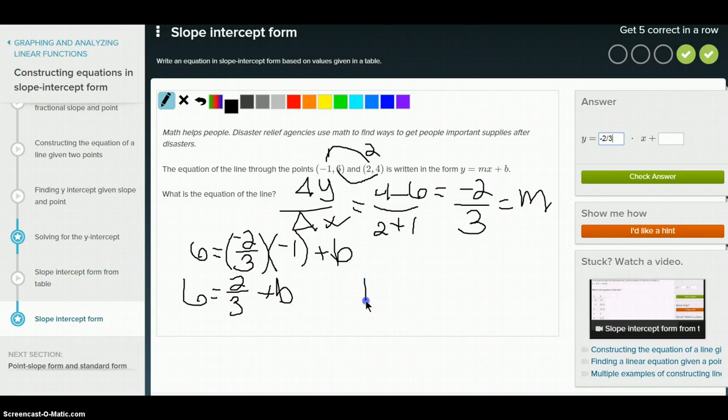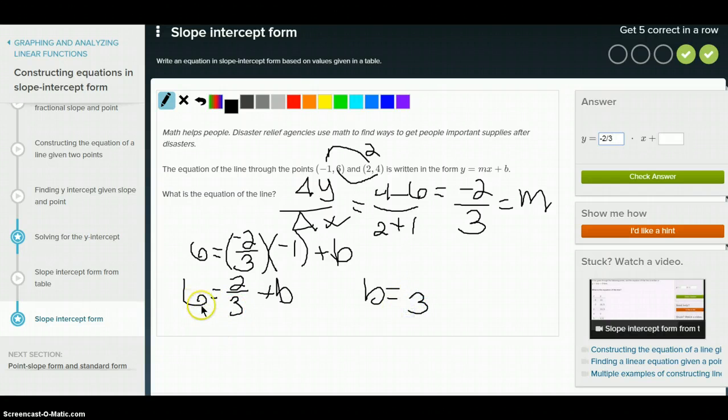So we're going to have b equals 6 minus 2/3. So we're going to make this 6 into a fraction. That's going to be equal to 6, but the denominator is going to be 3.